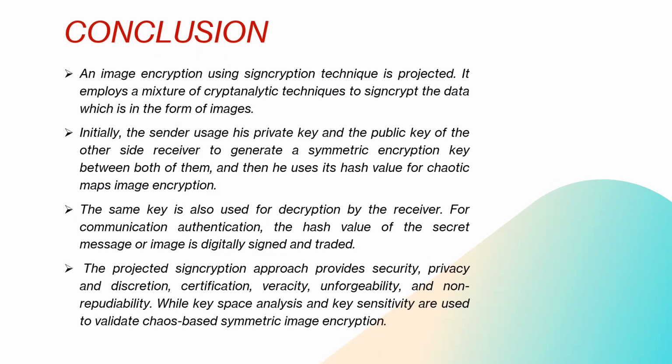That is the reason why we use signcryption here, because of the attributes: security, privacy, and we'll also have certification because of the digital signature, and there will be no problem of repudiation and unforgeability. And this is totally mathematical, so it may be somewhat difficult to crack because of its behavior.